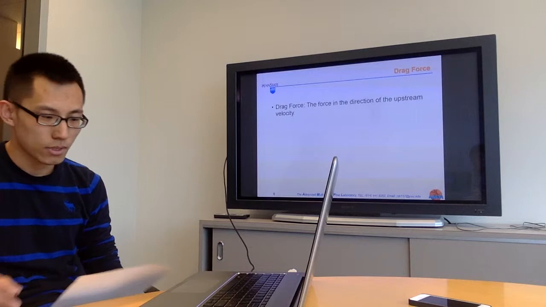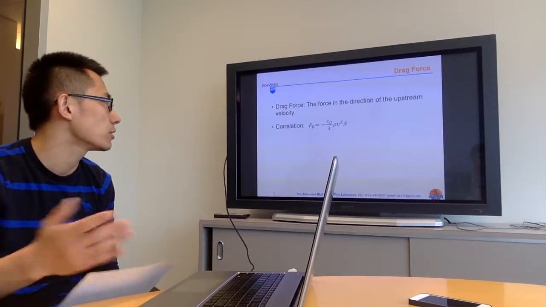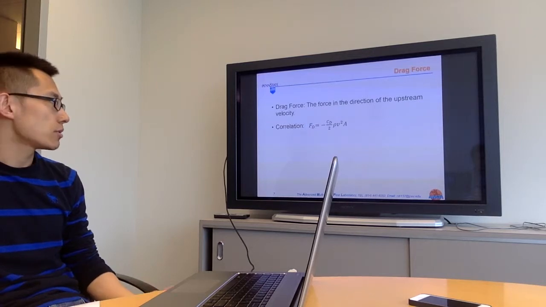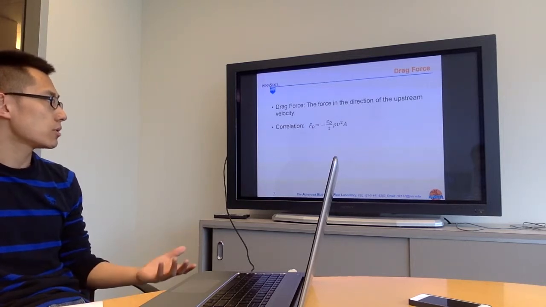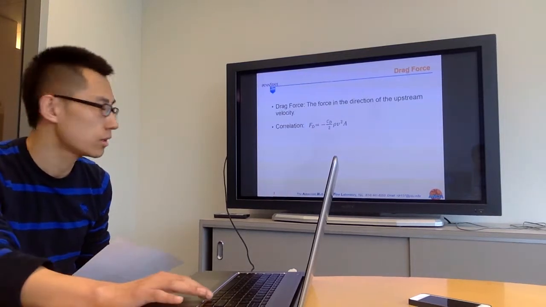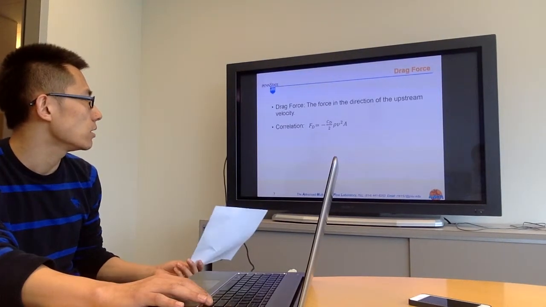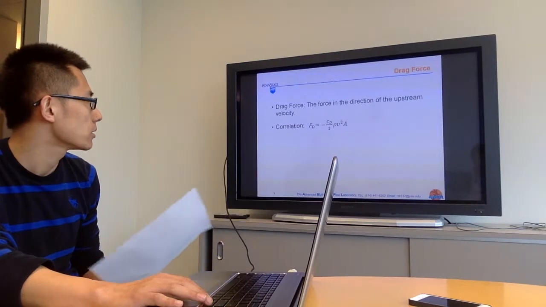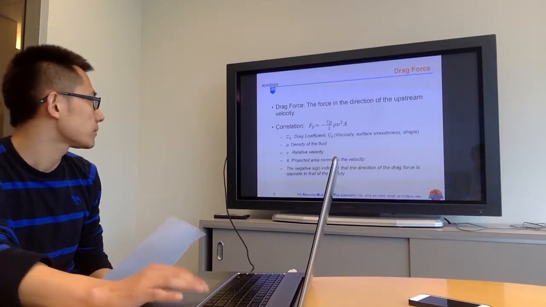So how do we calculate this drag force in engineering systems? Here is a correlation: Fd equals negative CD over 2 rho V squared times area.